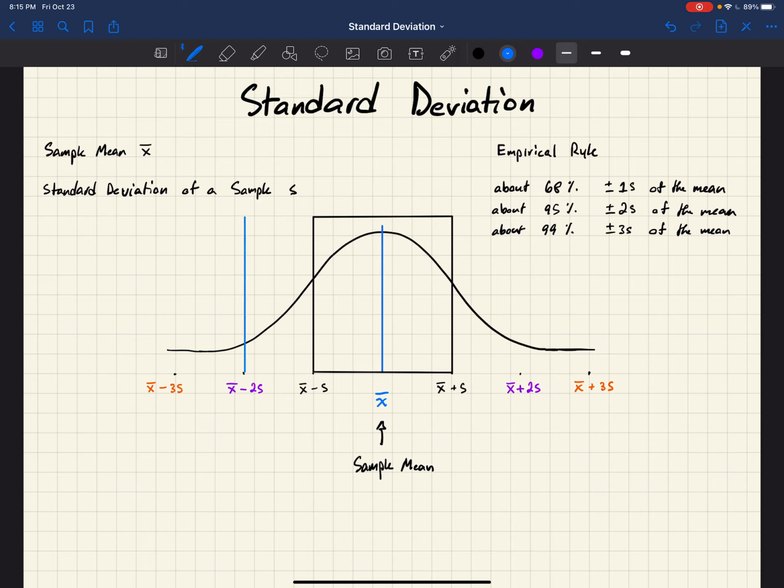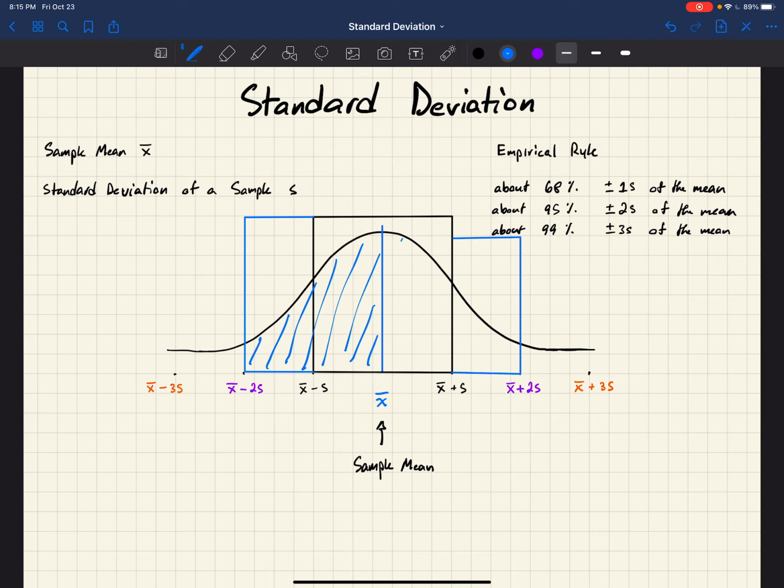Follow this line here. Within this extension of the box, this area represents the data that is within 2 standard deviations below the mean. Now, if we look at the data above the mean, this one doesn't have to be so tall.